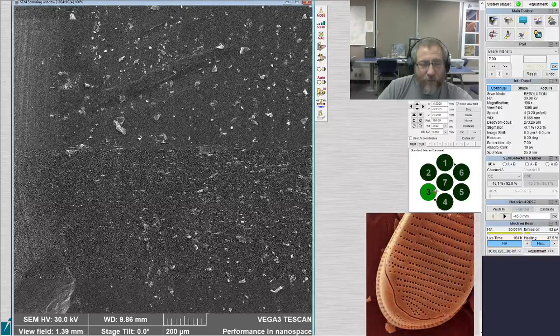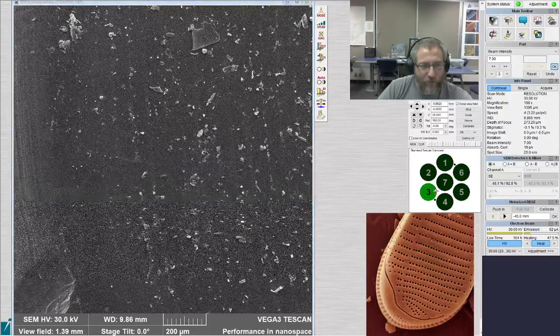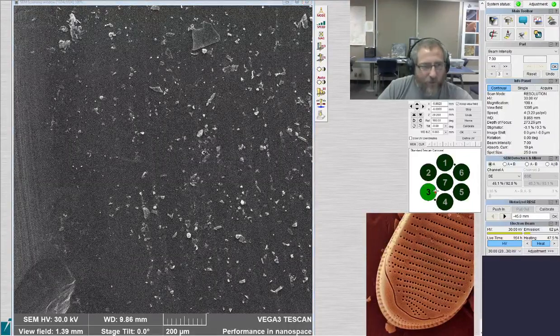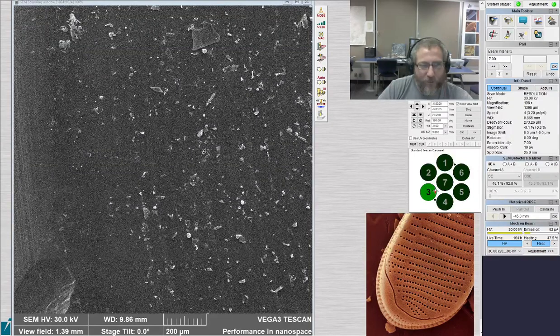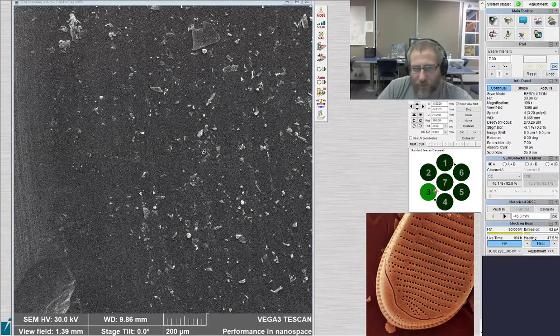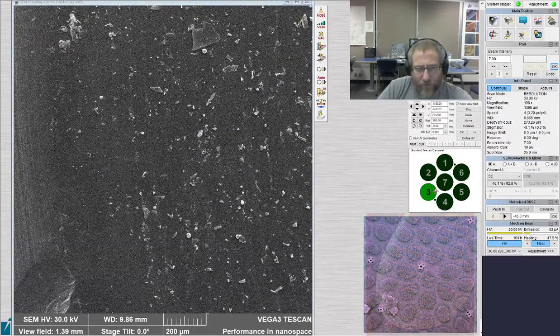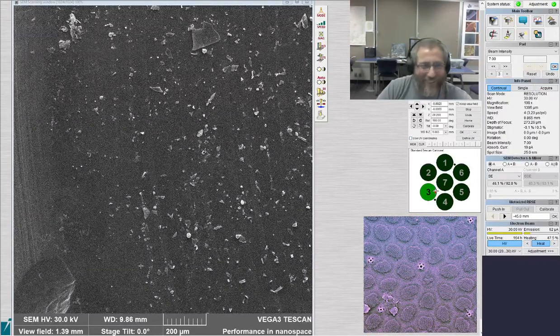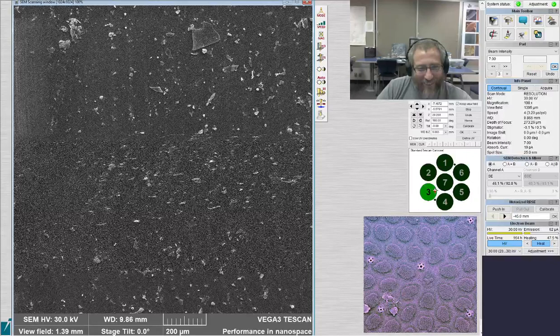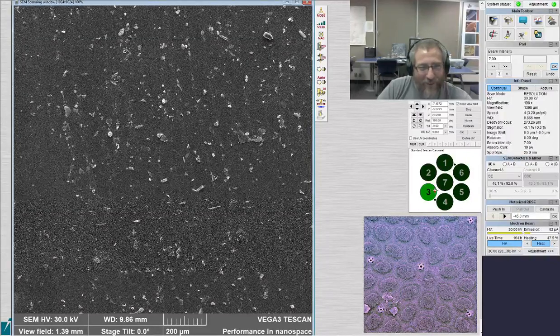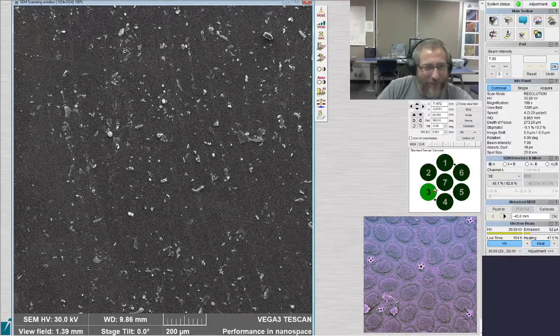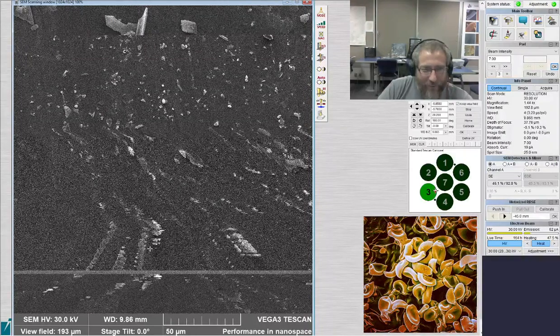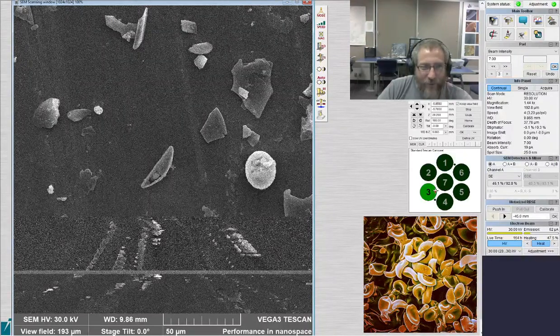I have some other pictures from this same sample that I've already collected, actually a lot of them. I can show you those later. I'll share that folder too when we're done here.